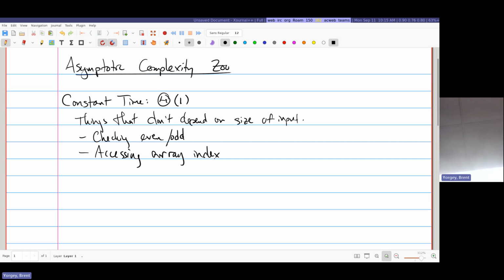Now, is it really constant though? We usually assume that it is. However, if the size of your array is really, really big, then technically it's not constant time, because you can't even store the whole thing in one place. You have to store it on other computers, and now it takes longer to access them.